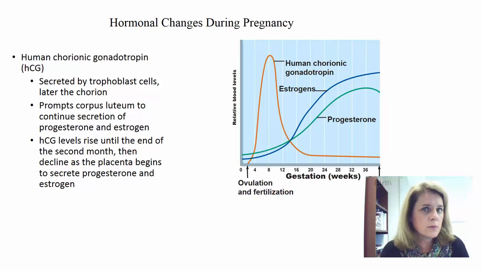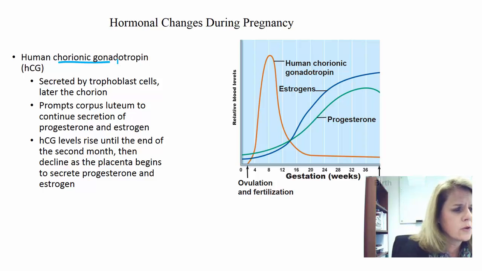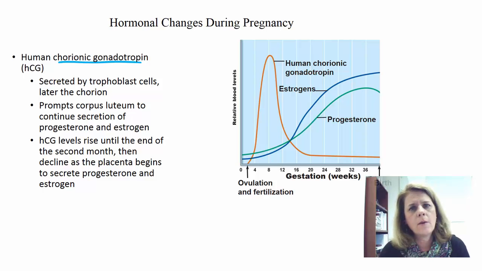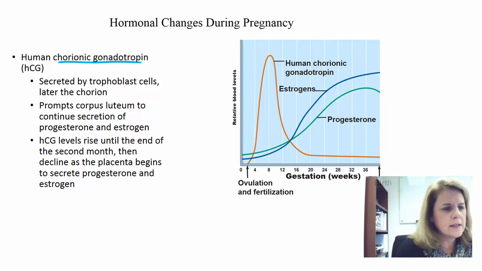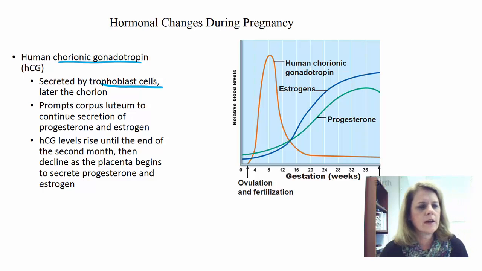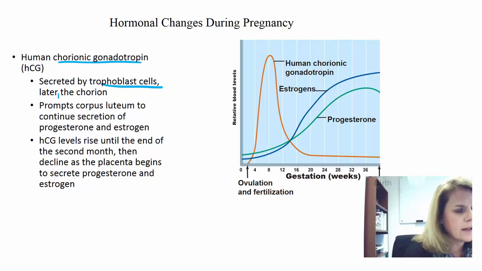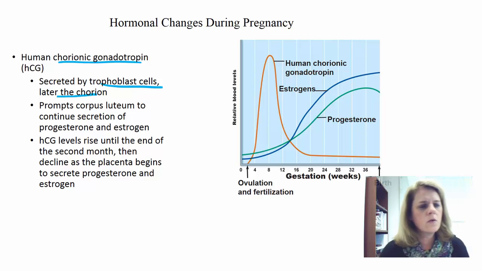But what else is going on at this point? We can't forget that we've got a hormone that's keeping all this going, and that's HCG, human chorionic gonadotropin. It's going to start to be secreted by these trophoblast cells. As these cells differentiate, they start to become endocrine organs. They make a hormone called HCG, and it's later made by the chorion.